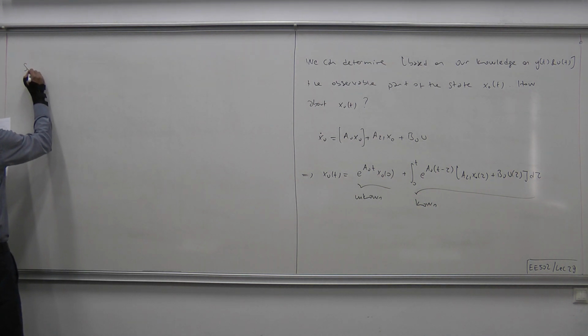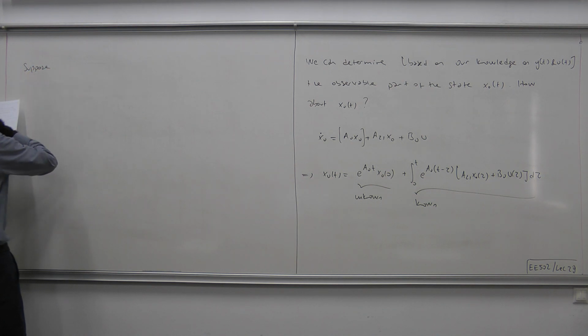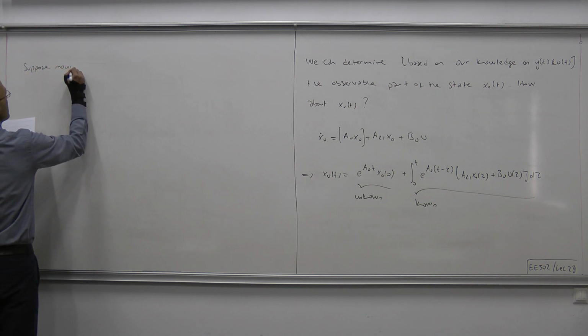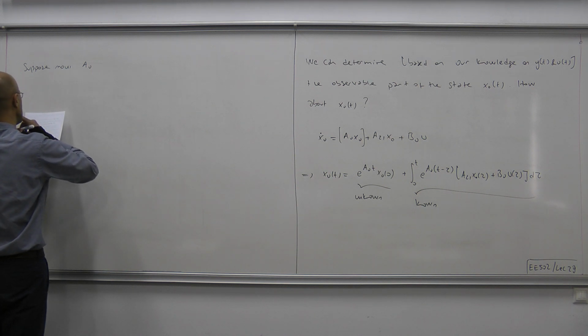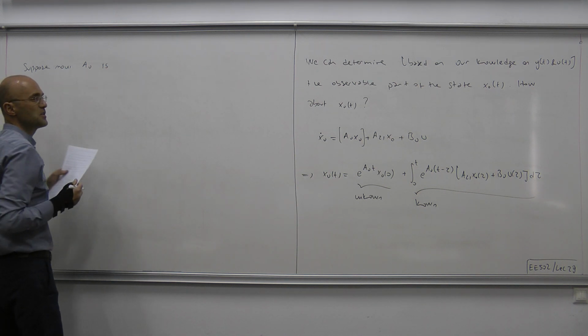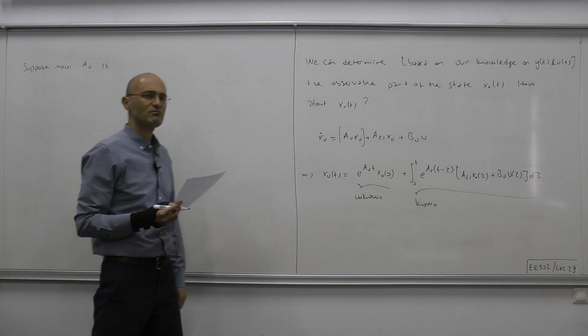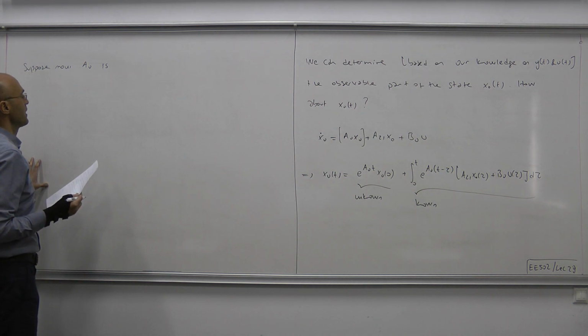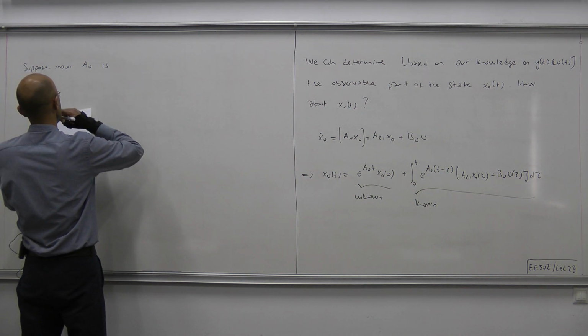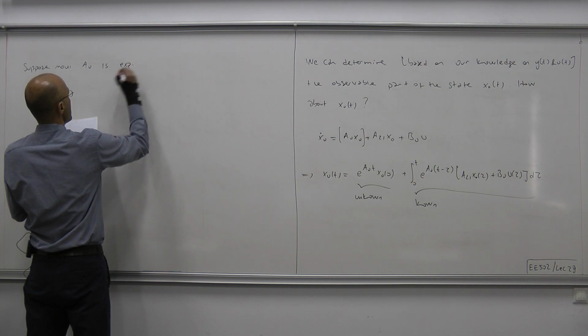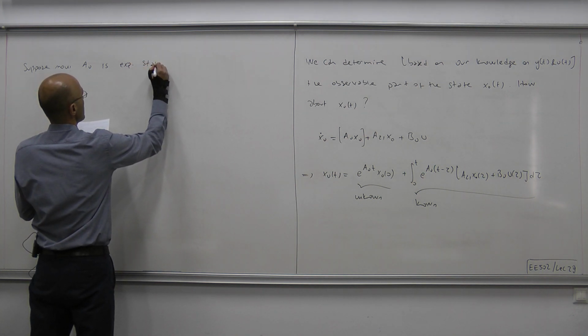Now, let me repeat what I just said. Suppose now that the matrix AU is with eigenvalues that are all with negative real parts. Okay, informally, I'm going to call that AU exponentially stable.